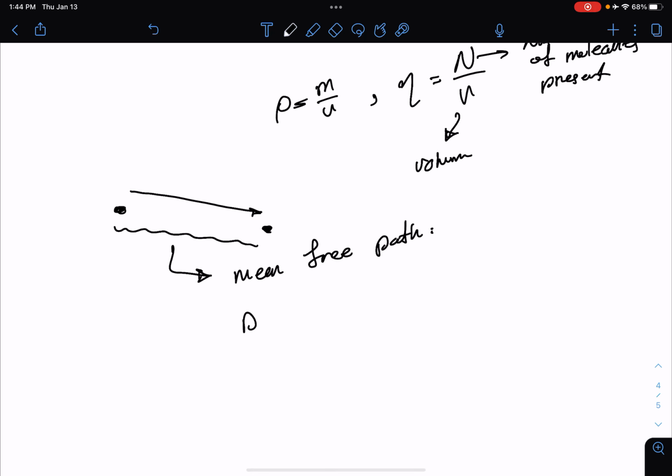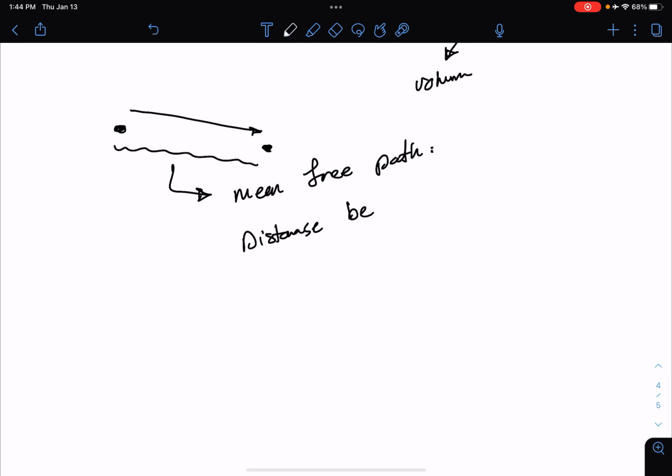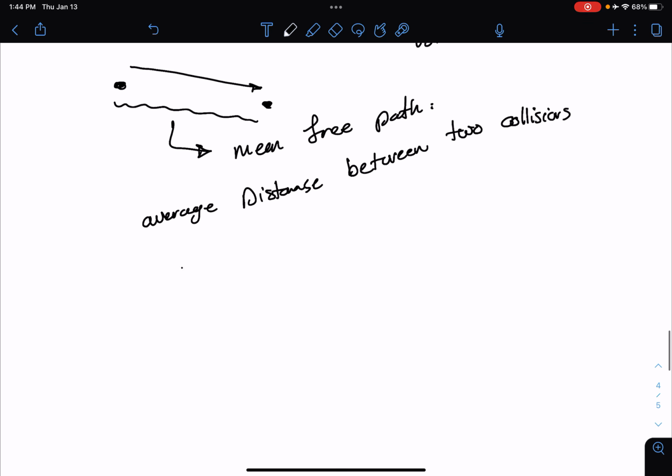This is the average distance between two collisions. And mean free path, lambda, can be calculated as 1 divided by the square root of 2 eta sigma squared pi, right?